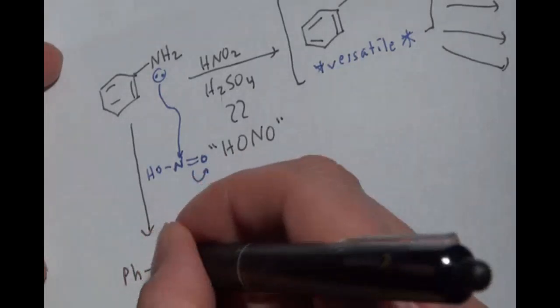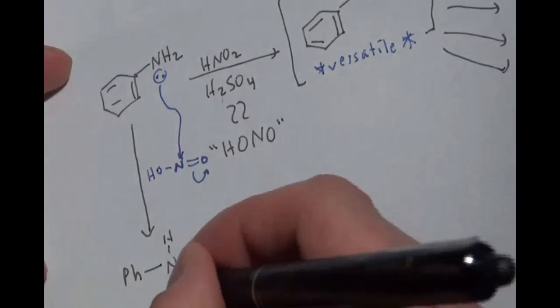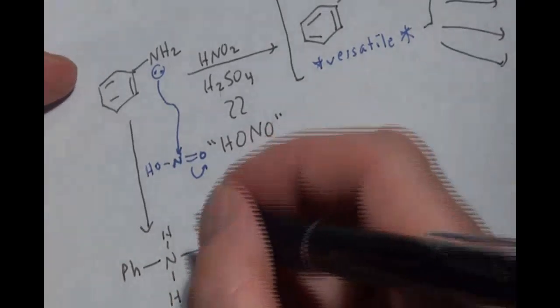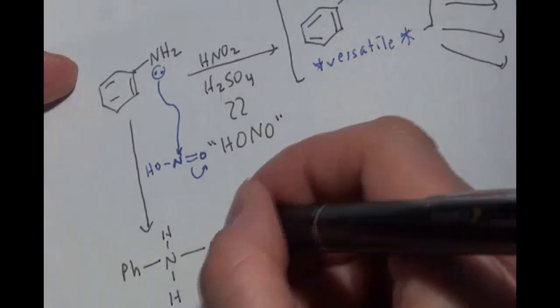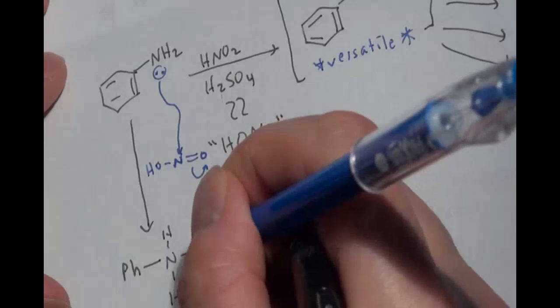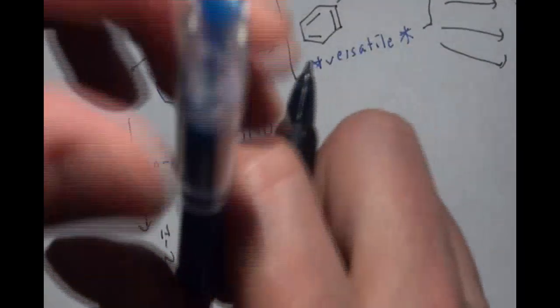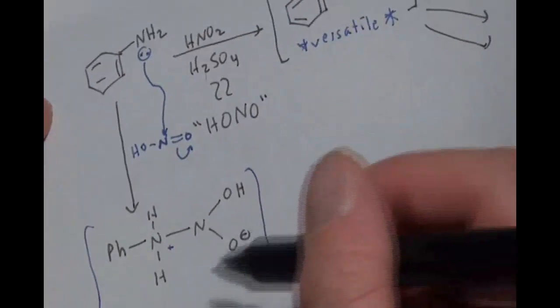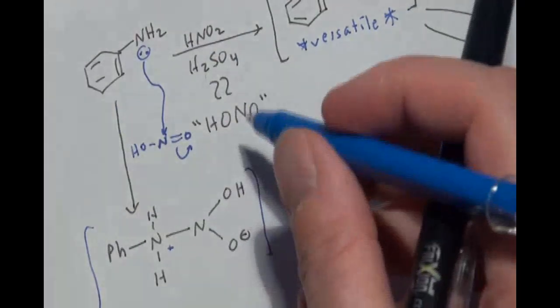Benzene, NHH, and then we've got an N and an O minus and an OH and a plus charge. Okay, maybe we'll proton transfer from the nitrogen to the oxygen.